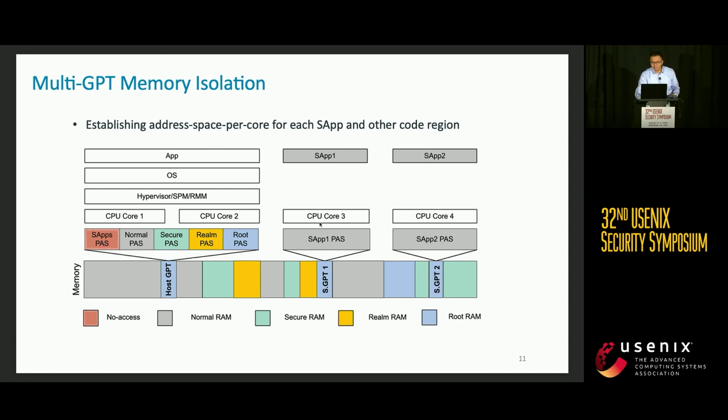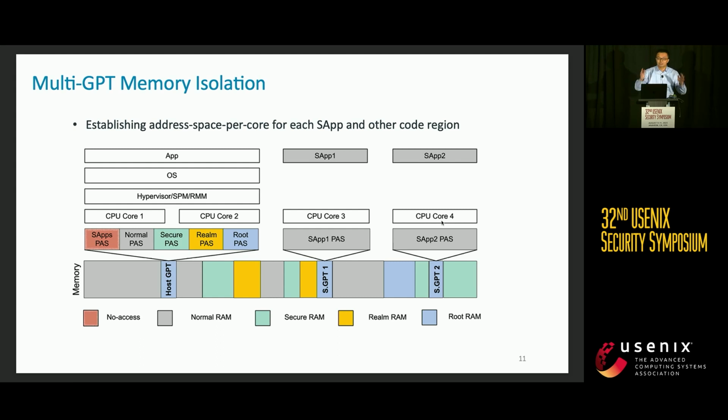On core 3, we can run something called an ASAP, your secure application. For this application, we give it a GPT. We say, hey, this is your GPT. And by using this GPT, we can see that ASAP 1 can only access its own PAS, as defined by GPT-1 using this page table. And for the other one, for example, if you have another secure application running on core 4, in this case it also has its own GPT.